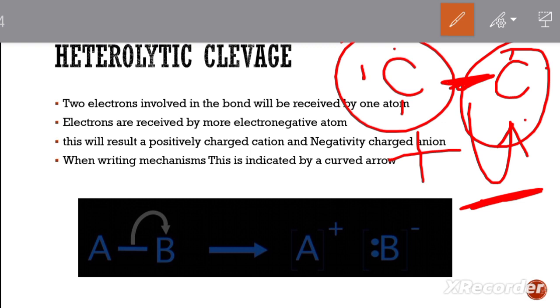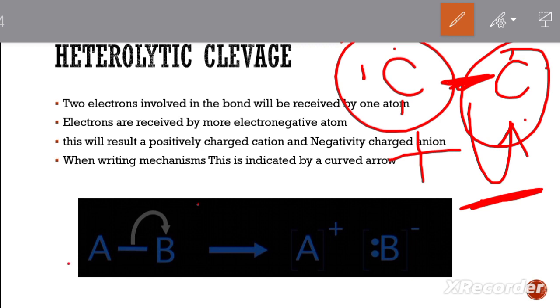You can see that 4 is the valency of carbon, and there are 3 electrons on one carbon atom and 5 on the other. So, a positively charged cation and a negatively charged anion are formed by heterolytic cleavage, or heterolytic breaking. When writing mechanisms, this is indicated by a curved arrow.